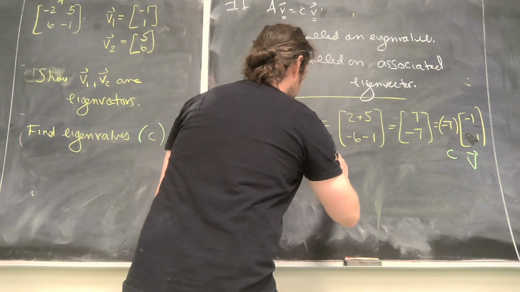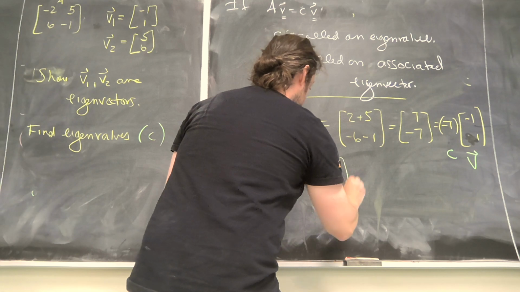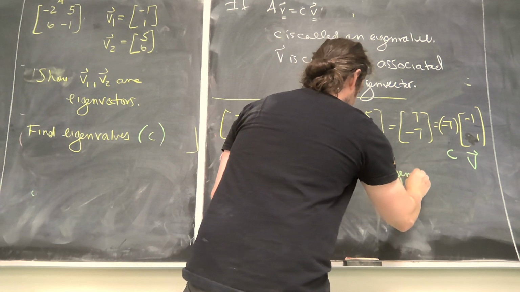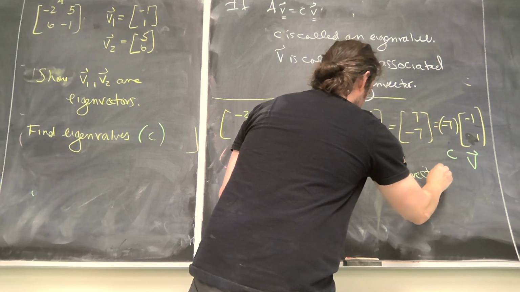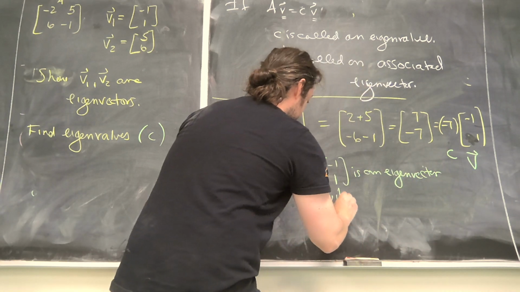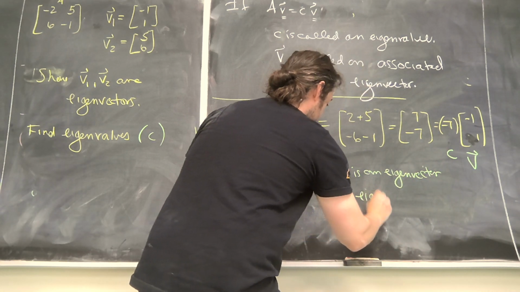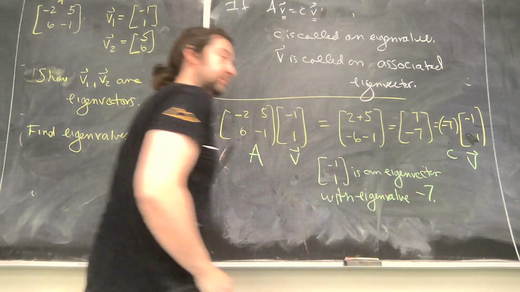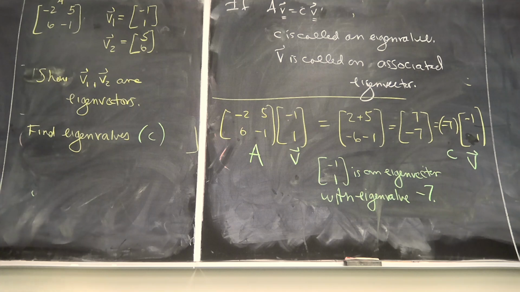So the conclusion here is [-1, 1] is an eigenvector with eigenvalue -7. Geometrically, A takes that vector, flips it backwards, and multiplies it by 7.